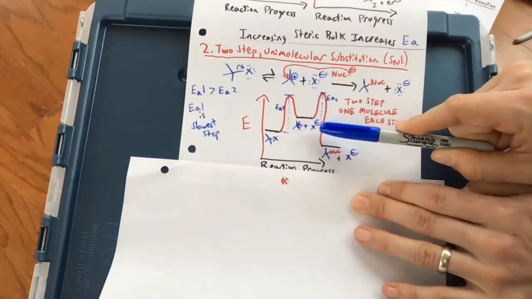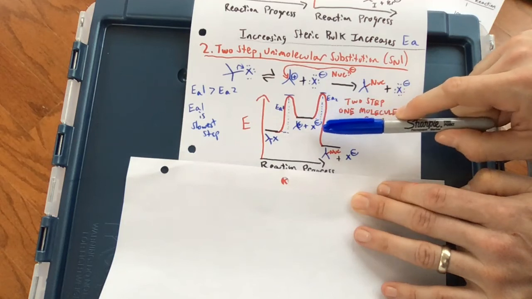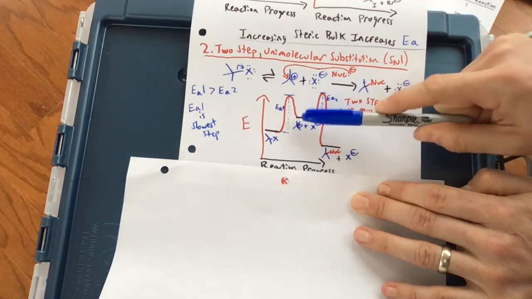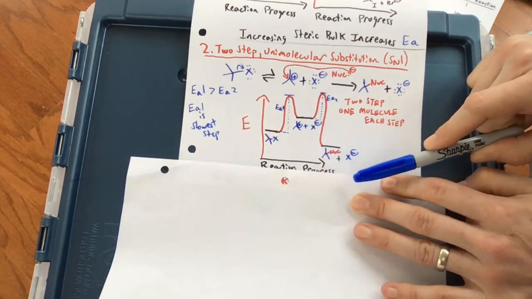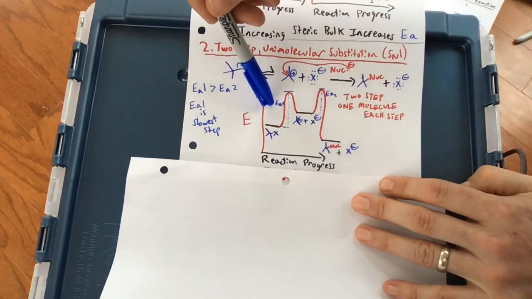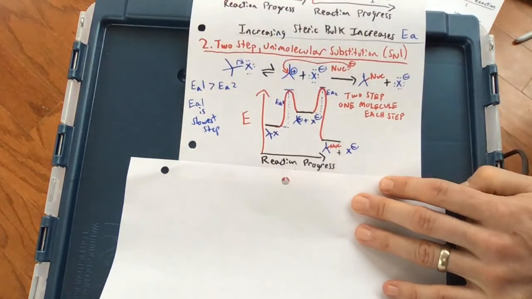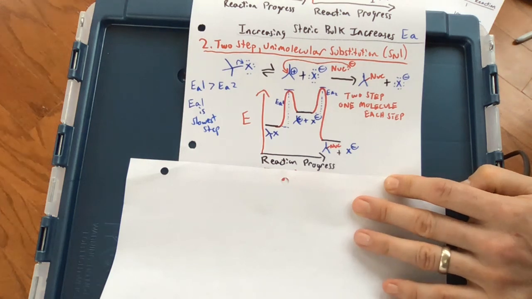And then there's a second activation energy that is needed to have the nucleophile attack the carbocation and form the products. And because the first activation energy is much larger than the second activation energy, the first step goes slower. And since it's the slowest step in the reaction, we consider that to be the most important step to think about the kinetics of this reaction, or the overall rate law, as we call it.